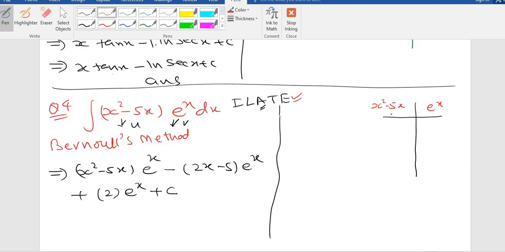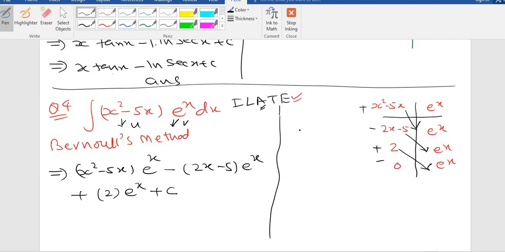Now differentiate up to the derivative 0. So differentiation of x square minus 5x is 2x minus 5. Again differentiation of 2x minus 5 is 2 and then 0. So you need to integrate 3 times: e power x, e power x, e power x. Now write the signs plus, minus, and multiply this by this way.